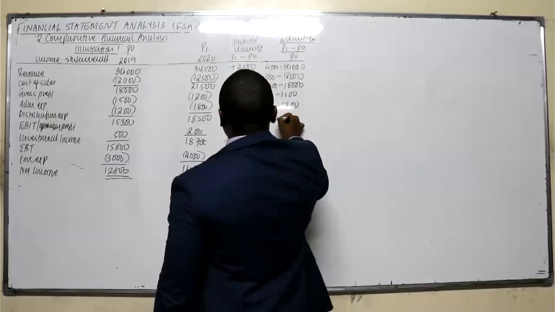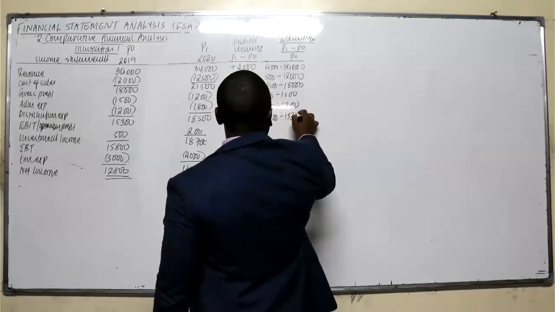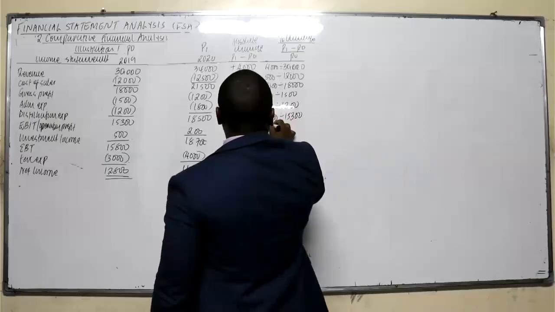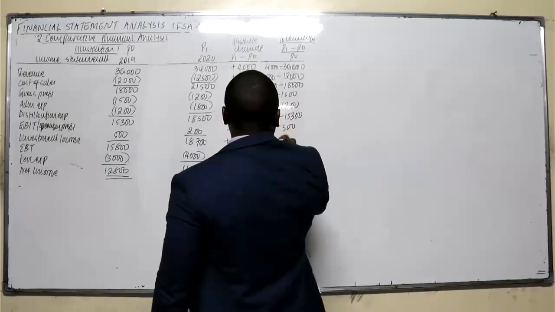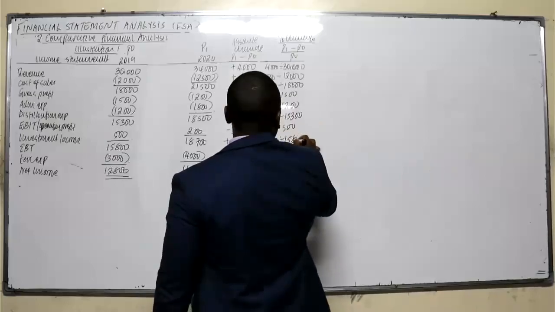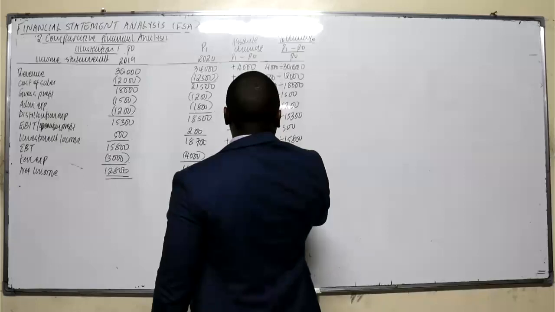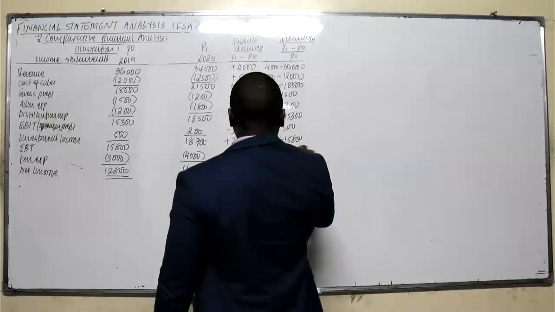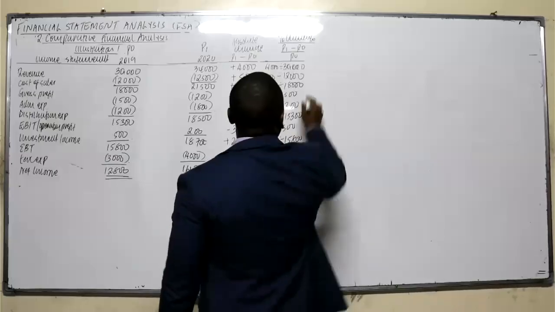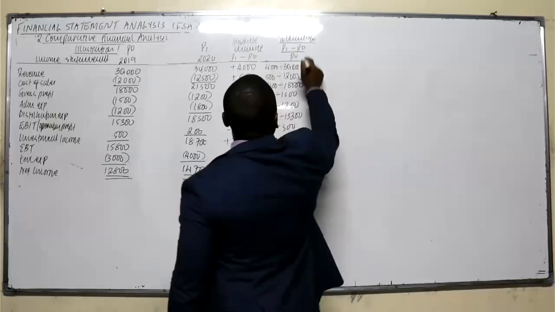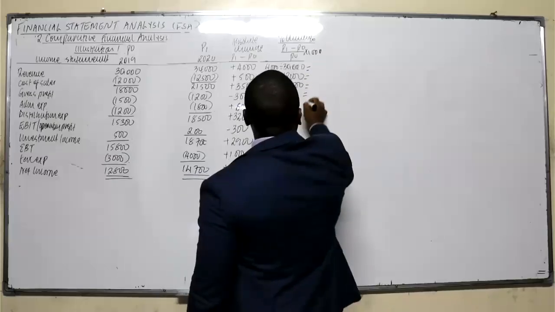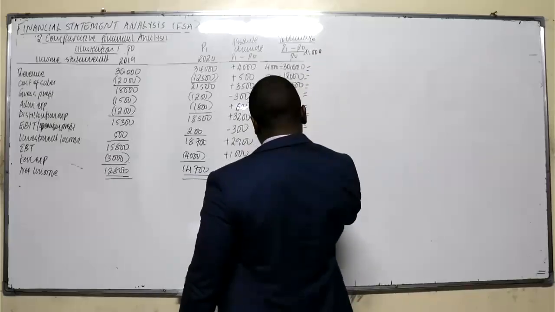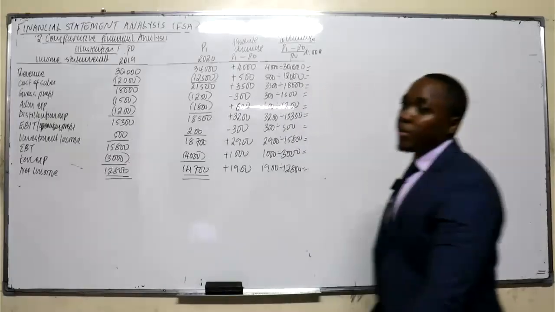That 200, you divide by 15,300. 300, you divide by 500. 29, you divide by 15,800. 1,000, you divide by 3,000. 1,900, you divide by 12,800. Then you express it in percentage, so you multiply by 100%. Now give me the percentage. The first one must be 13.33, right?